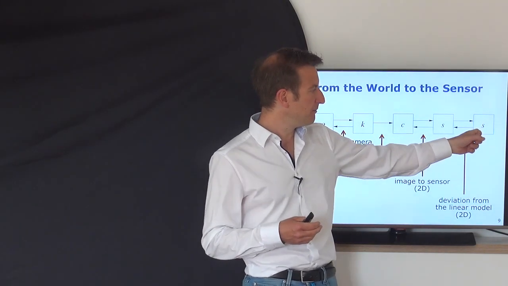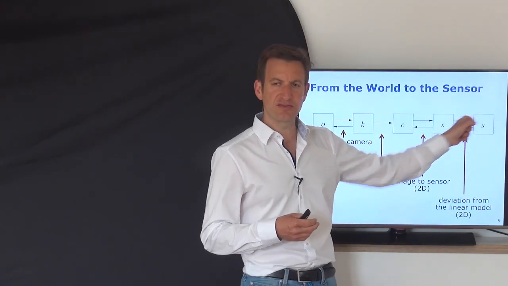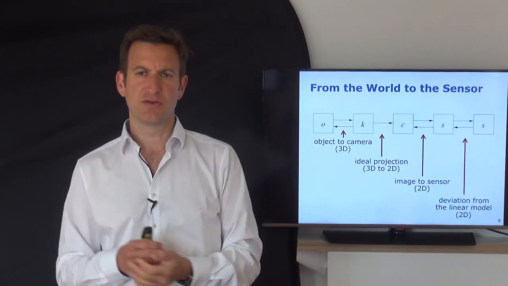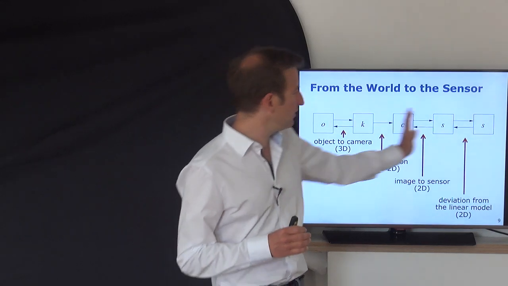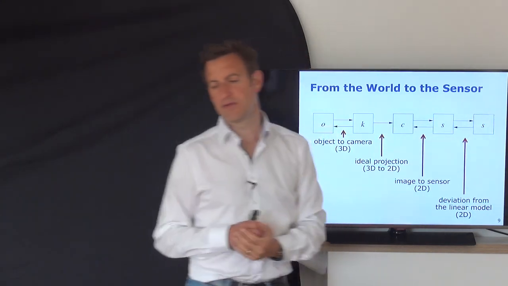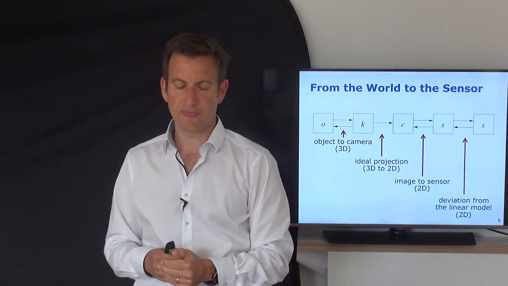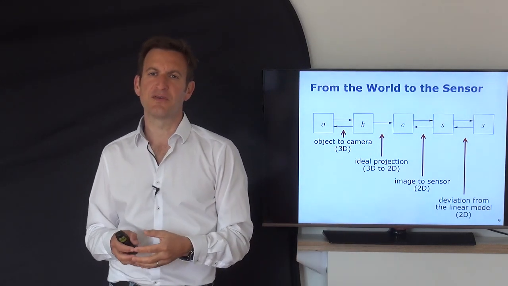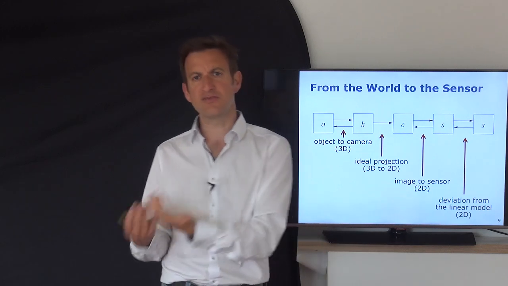But we put this in here to add an additional transformation on the sensor frame in order to compensate for those nonlinear errors. So up to here, everything is linear, and this is the nonlinear step which is added. And we group the parameters into two different groups, the so-called extrinsics and the so-called intrinsics.